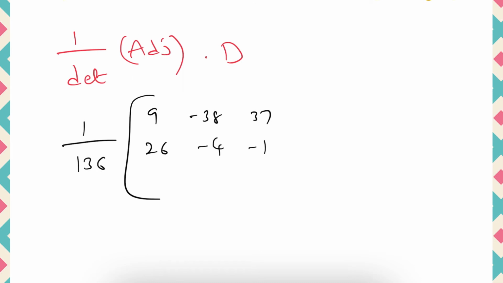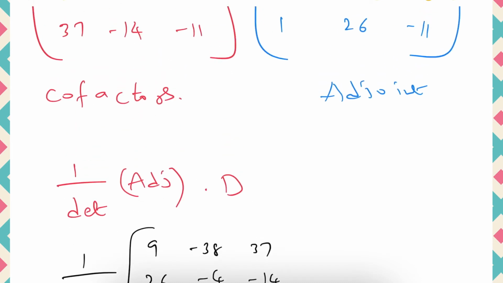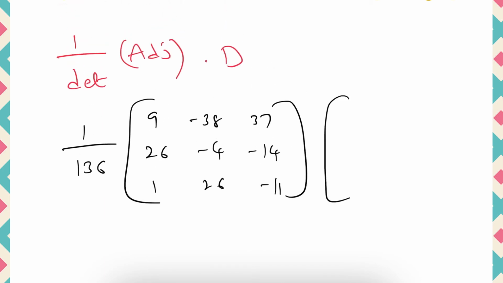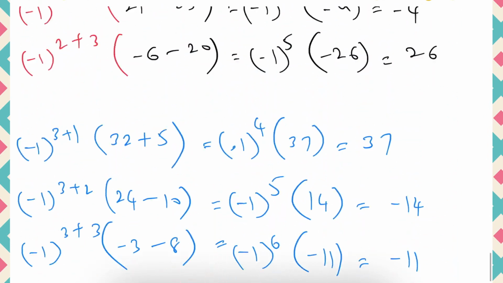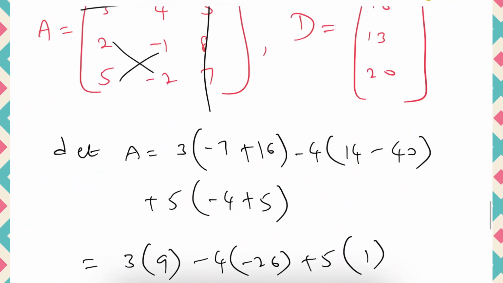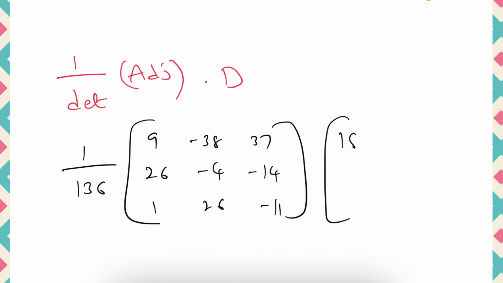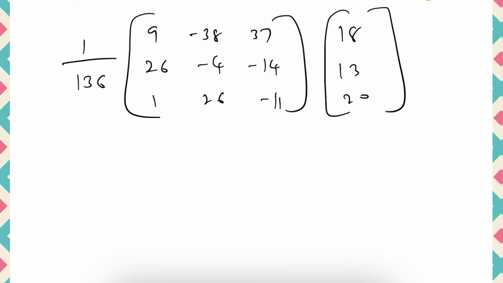And next 1, 26, minus 11, into D matrix that we wrote from the constants, right? That one, 18, 13 and 20. Okay, now first I will multiply these two matrices, then after I will come with that 1 by 136.